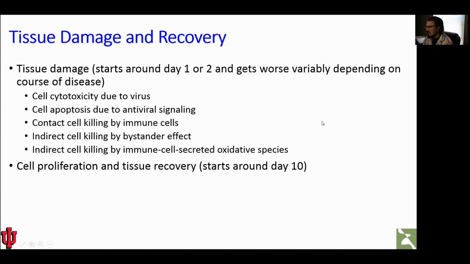And then during recovery, usually somewhere around 10 days, at least in the case of influenza, proliferation begins due to stem-like cells in the neighboring tissue.